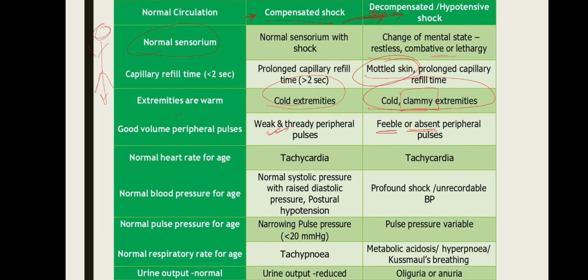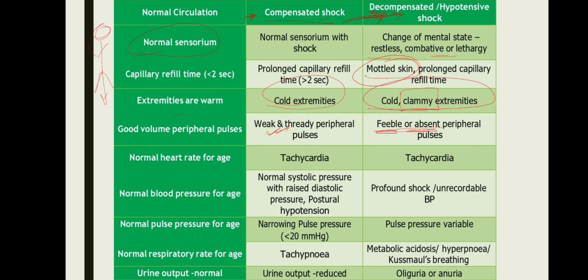But in decompensatory shock, you may find that there is no pulse or a very feeble pulse. Many times you cannot feel the pulse. So it is very important: if you feel the pulse is not there, that means the patient has entered into decompensatory shock.